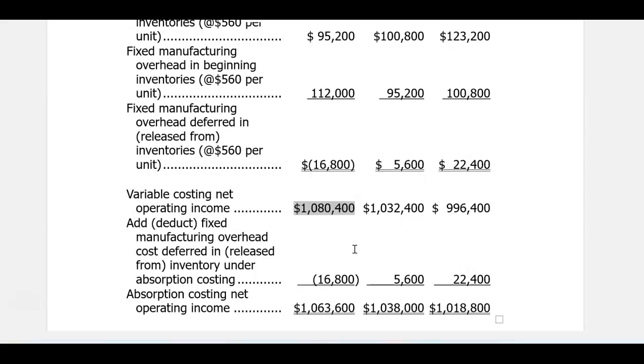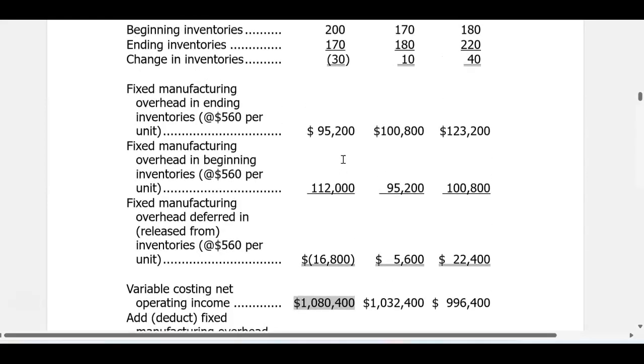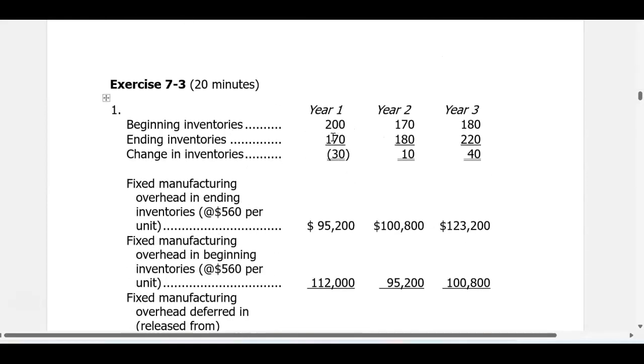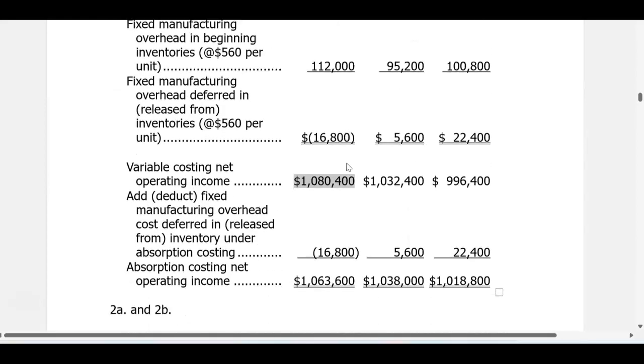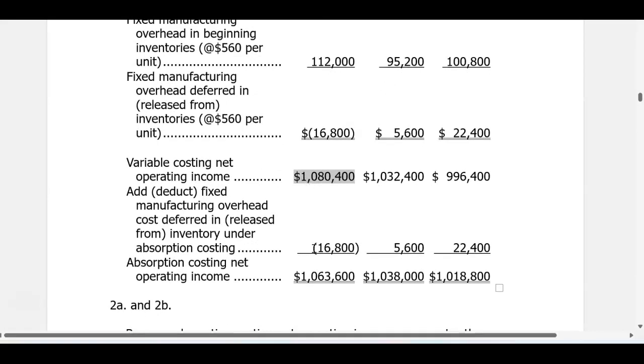Now I'm doing the opposite of it. Under variable costing, if you produce less and you sell more, 30 units more, then your net income is more. How much more? $16,800 more.